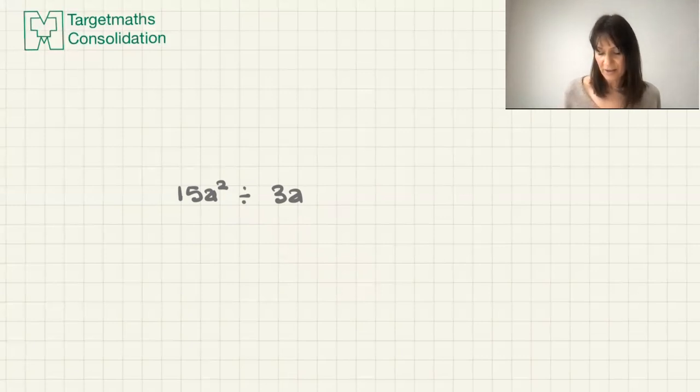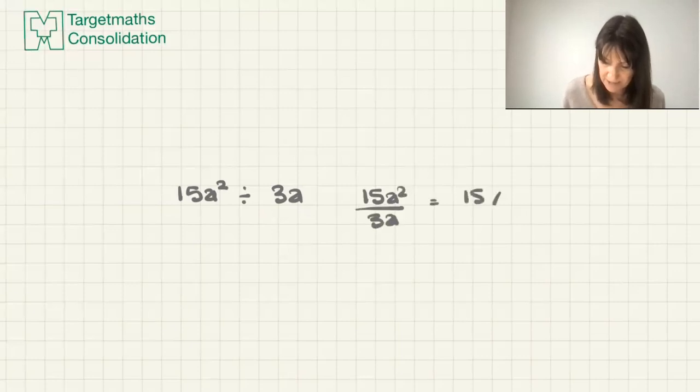Okay, I think one of the best ways is to have this as a fraction. They could have given it as a fraction, but I've noticed that they're starting to do this a little bit more because it means you have to think a little bit harder. If we were to put this in as 15a squared over 3a, and then wrote it so we could see everything, 15 times a times a is over 3 times a.